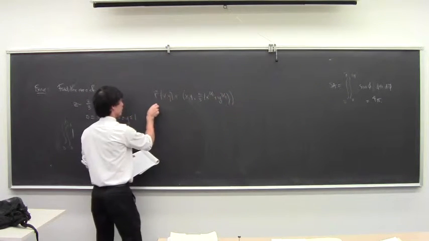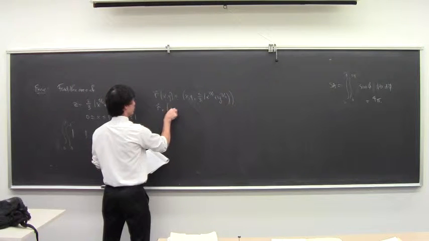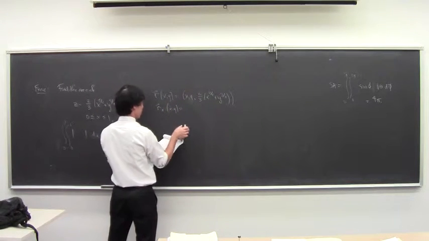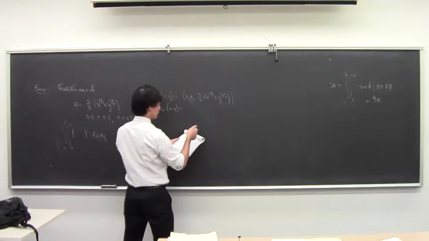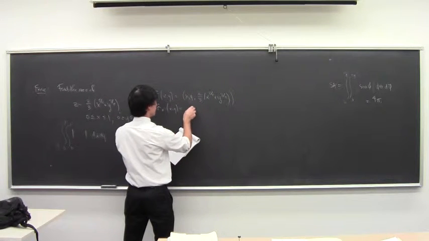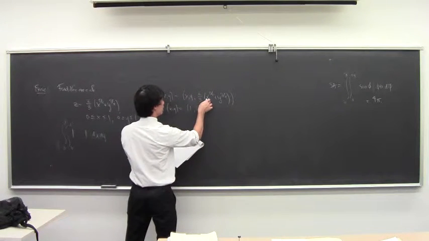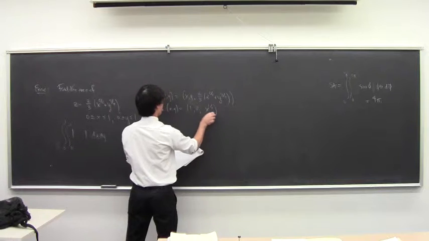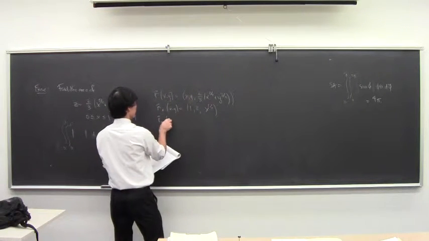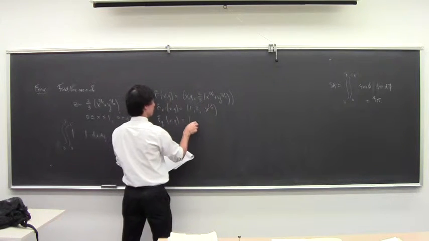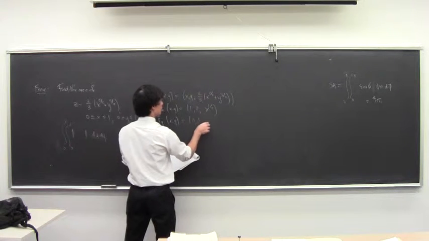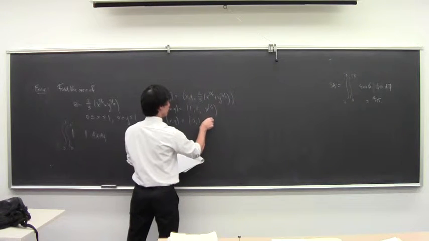And then you take your partial, take the tangent vector along the x grid line, so you get 1, 0, x to the 1/2. The tangent vector on the other, you're going to get 0, 1, y to the 1/2.